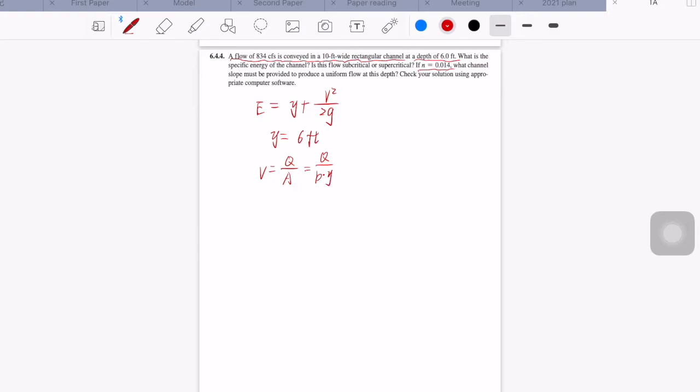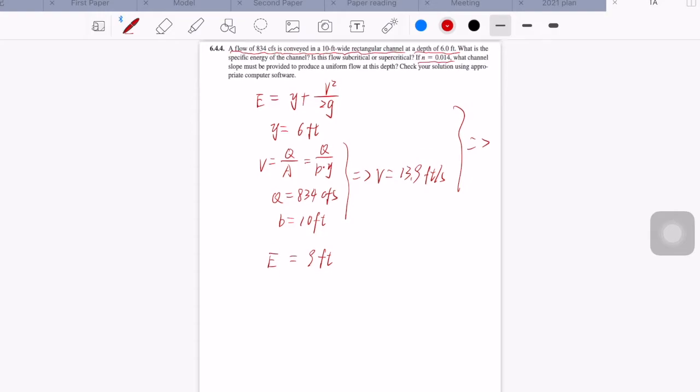From the problem, Q equals 834 cubic feet per second, and B equals 10 feet. So we can determine the velocity equals 13.9 feet per second, and then the specific energy of this channel E equals 9 feet.